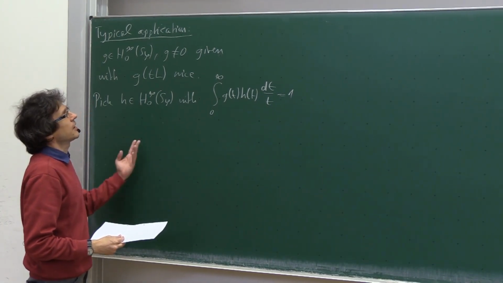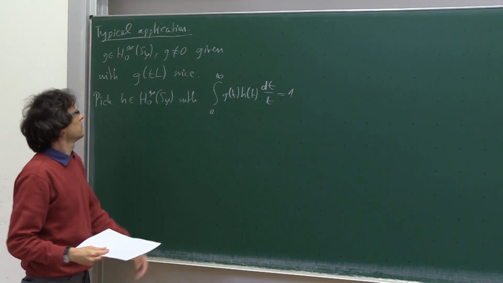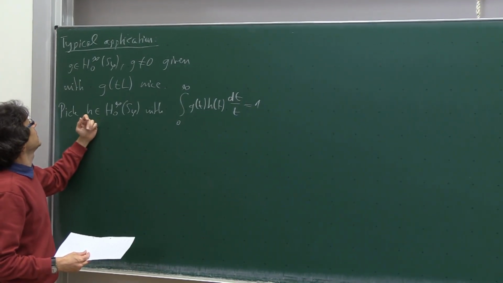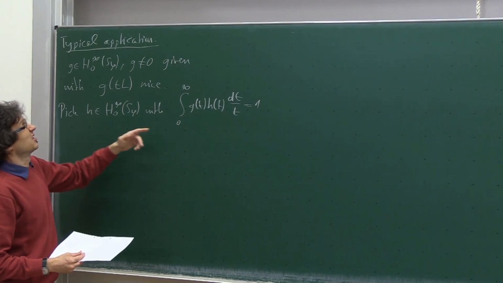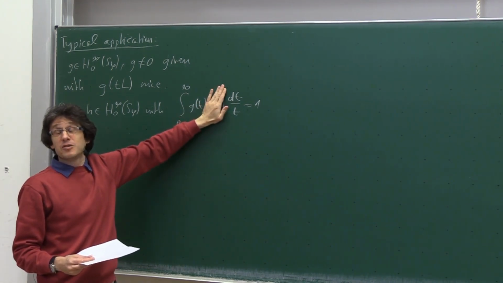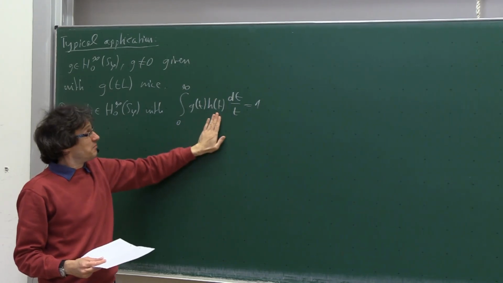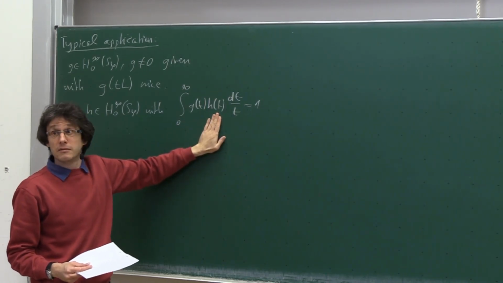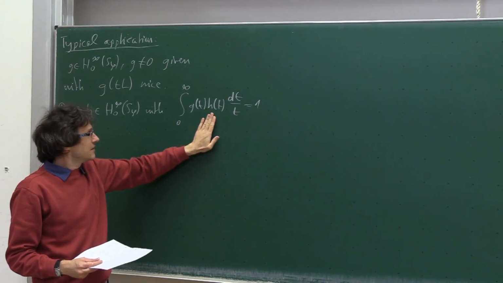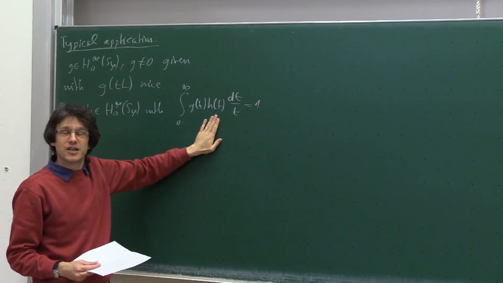You could now say, okay, why not just normalize g? For instance, it could be that your function g gives a zero integral here. Then you cannot just normalize by a constant, but perhaps you can normalize by some h. And secondly, sometimes it's interesting to have another function h here at your disposal.